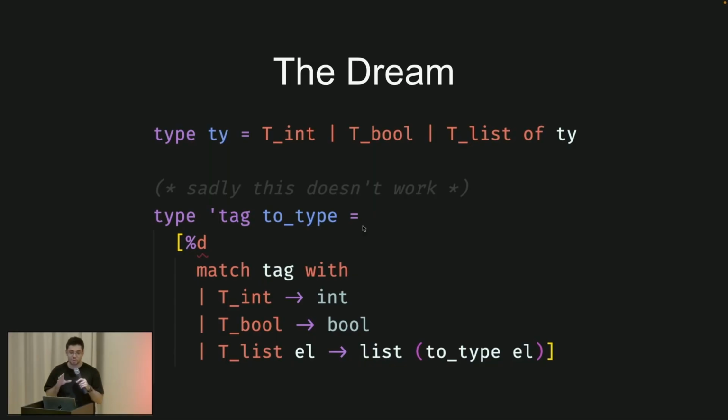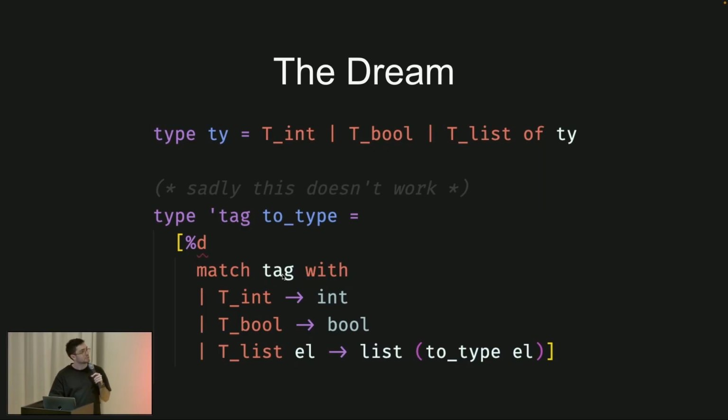But I'm going to try to give a brief introduction of dependent types, why you should be excited for them, what they do. The main idea of dependent types is that you're going to have a type constructor, and it's going to look at a value, and it's going to return a different type based on that. That's it. So here, of course, this is not valid OCaml. We are just hand-waving syntax.